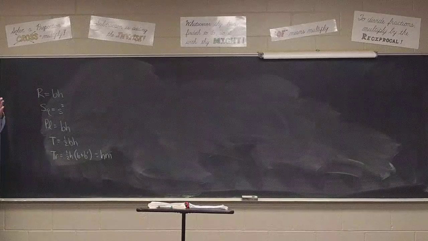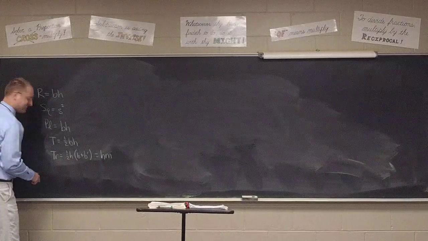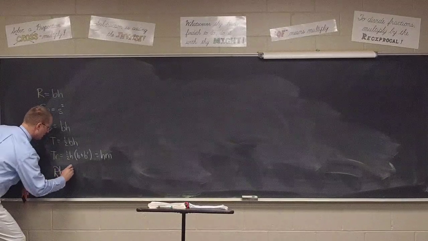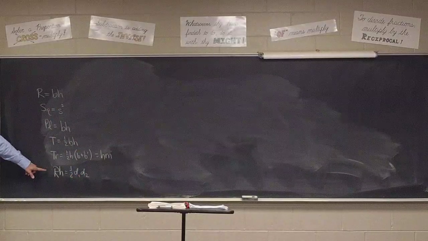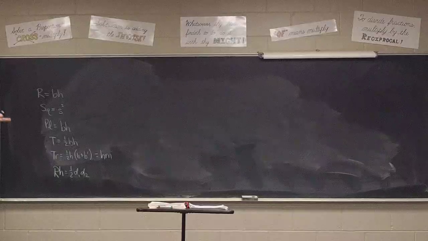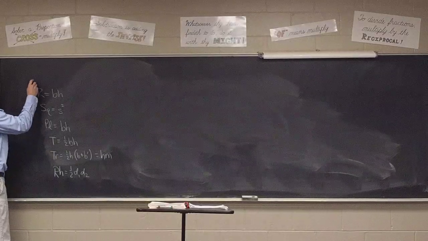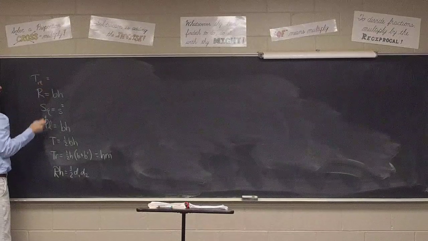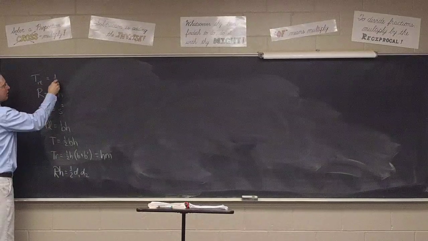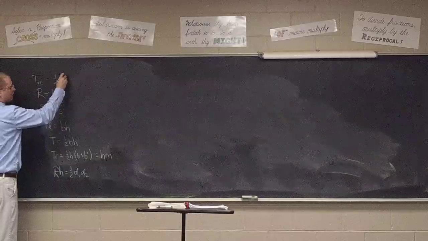Rhombus. Oh, rhombus, there we go. What about the area of a rhombus? Thank you. RH equals 1/2 d1 d2. That was the last one that was a theorem. This was in an exercise. In fact, right triangle was also in an exercise. Back to Genesis. The right triangle equals 1/2 leg 1 times leg 2.